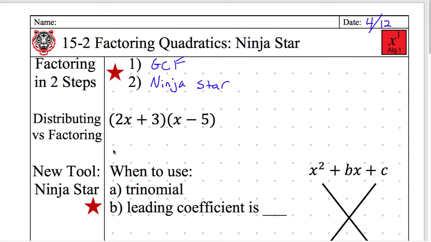Okay, so Ninja Star is what happens when you need to undo binomial multiplication. And review from Unit 14, this is binomials, bi meaning 2. There are 2 terms here, times 2 terms here. What were our 2 methods with the quiet raised hand? What were our 2 methods when you want to multiply binomials?